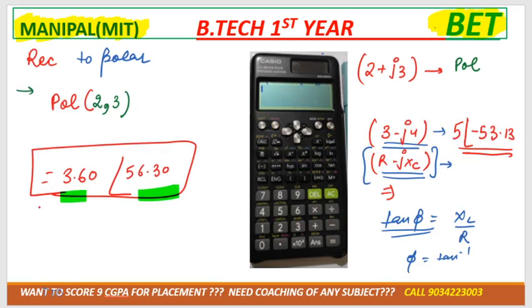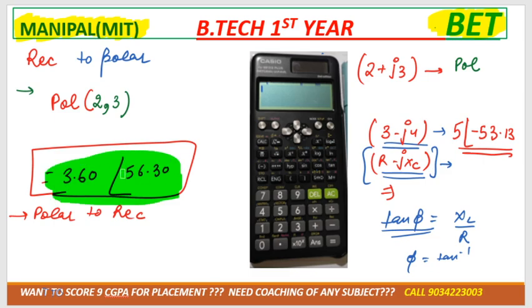Next we'll learn about polar to rectangular. Suppose I'm taking this same value, which is in polar form, and we want to convert it into rectangular form. Ideally it should be 2 plus J3 only. For polar to rectangular conversion, in the calculator display you must have the rec form.